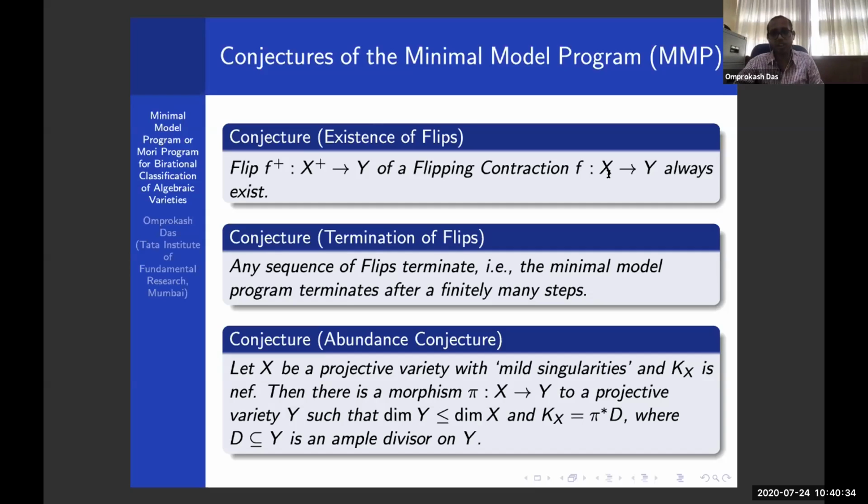The good thing is this next conjecture, the abundance conjecture: once you have a minimal model, K_X is actually semi-ample. This means you will always have another contraction from X to Y, such that K_X is the pullback of a divisor from the base. And each of the fibers of this morphism is a Calabi-Yau variety. So this is something very significant.